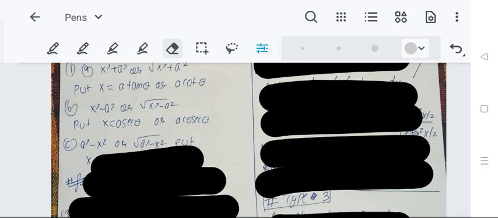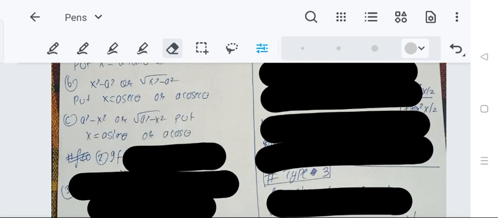Then for a square minus x square or root of a square minus x square, put x is equal to a sin theta or x is equal to a cos theta.